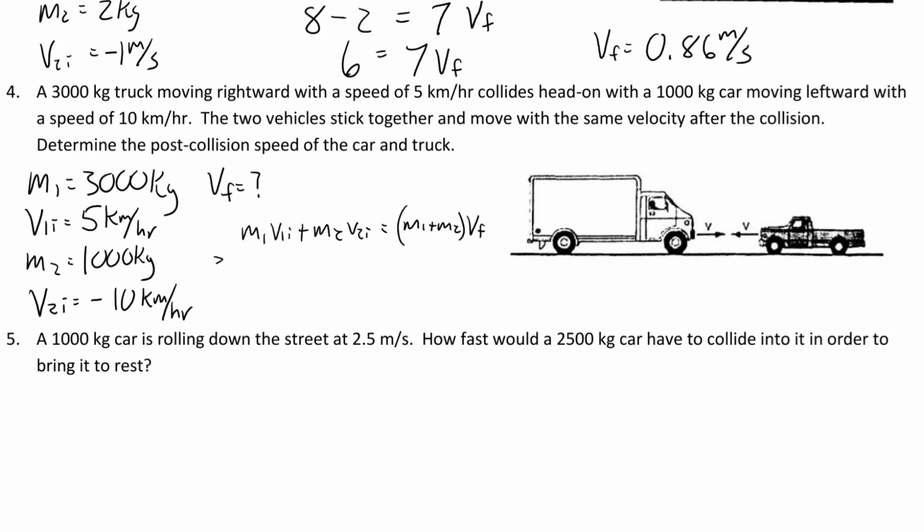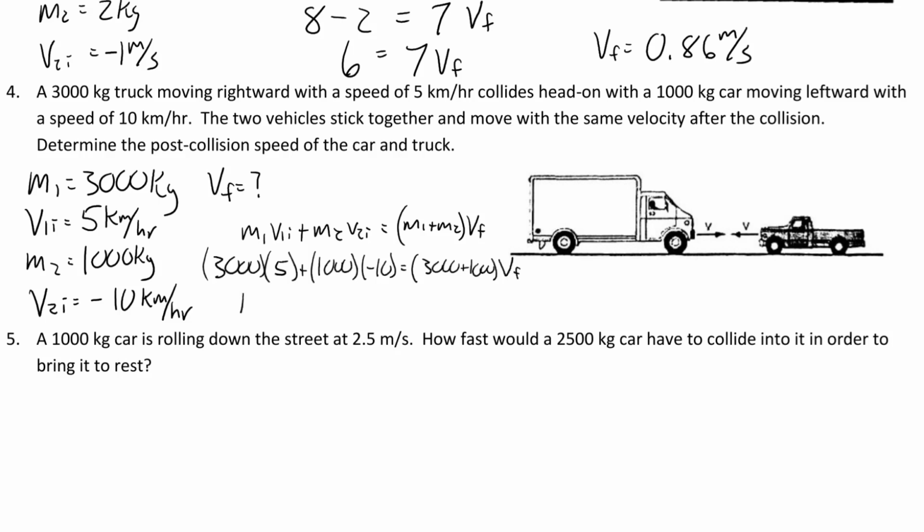So this is 3,000 times V1I is 5 plus 1,000 times V2I is negative 10 is equal to 3,000 plus 1,000 times VF, which is what we're looking for.